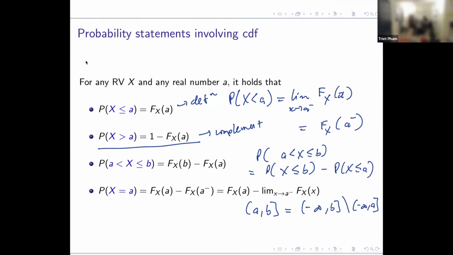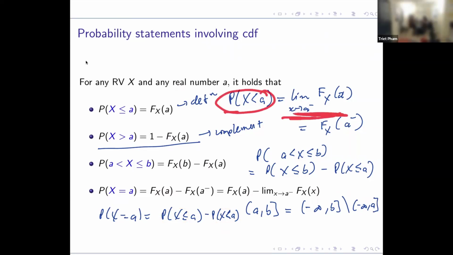And finally, this we explained, right? Like that, so less than or equal to and strictly less than. But the thing is that for a random variable, these don't have to be equal. And so that's why, for the strictly less than, you have to approach the CDF from the left.